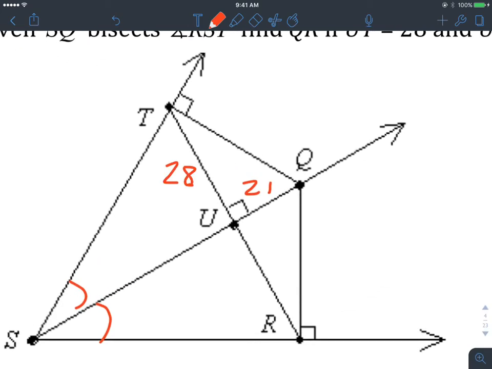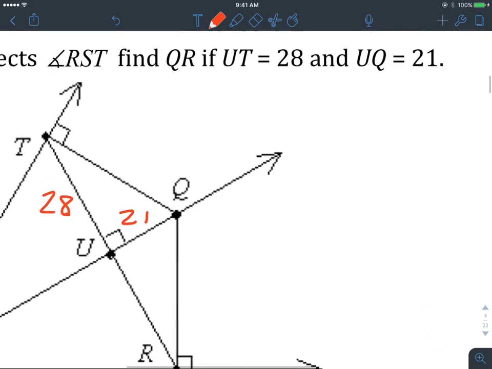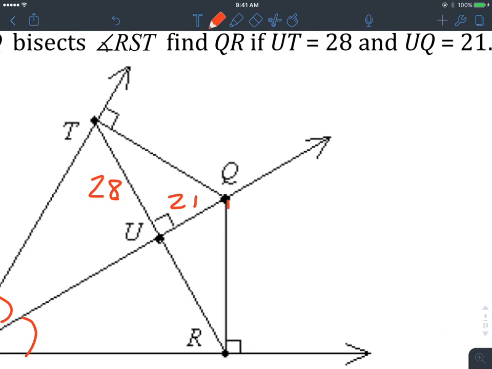Now this one's actually kind of weird because we're trying to find this length, QR. But they gave us a bunch of lengths of this triangle. But remember, these two distances should be the same. So if we can find QT, we're going to be able to find QR.